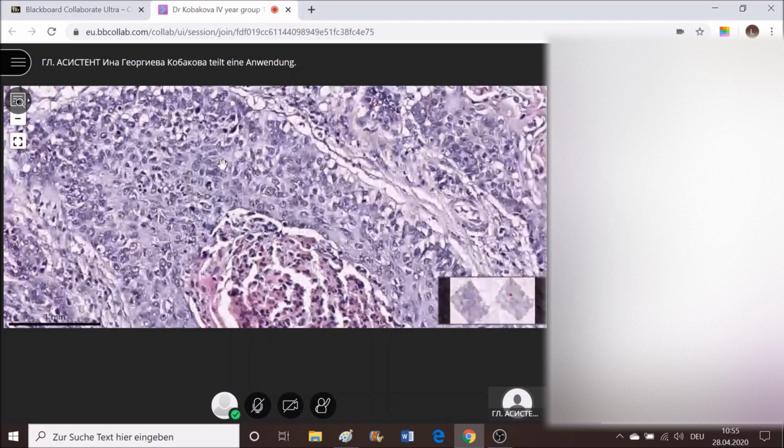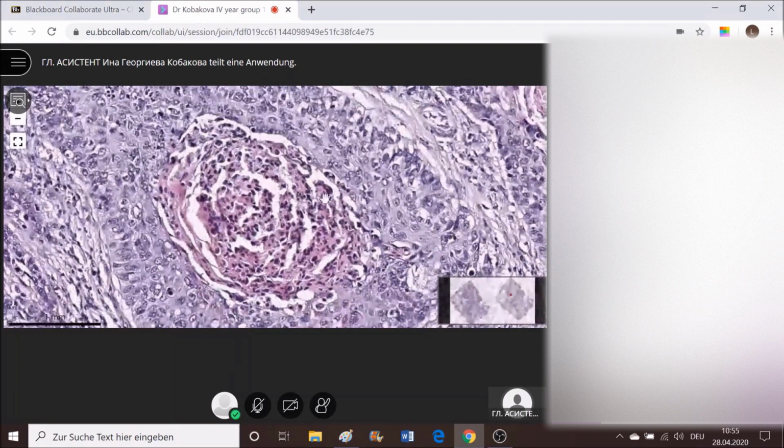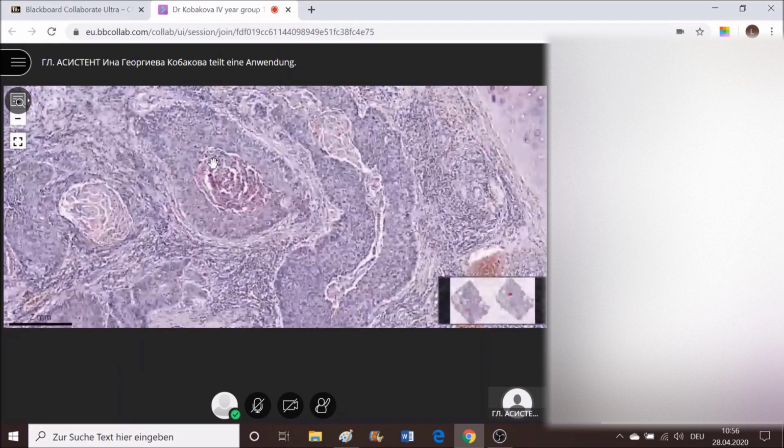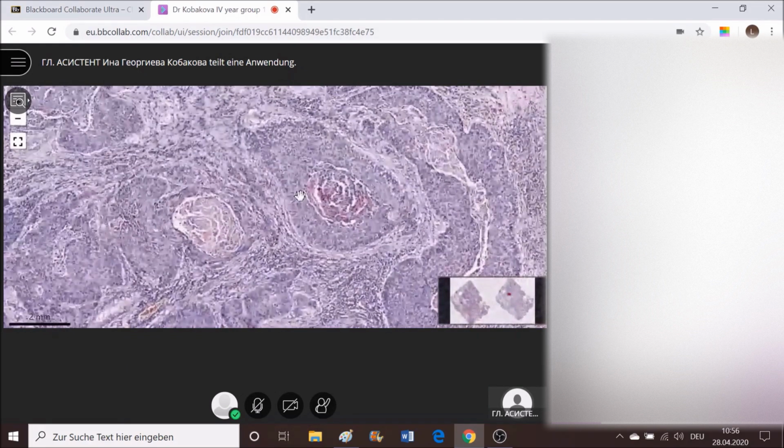Centrally positioned in this nest, we can observe some other cells which are actually mixed with pinkish sort of substance. This is formation, or beginning of a formation, of a keratin pearl, which we know is usual for squamous cell carcinoma.